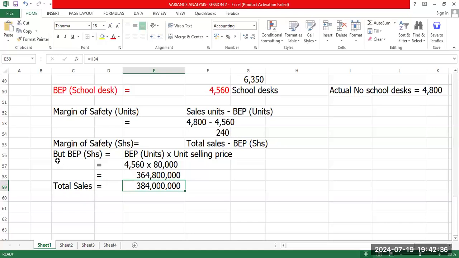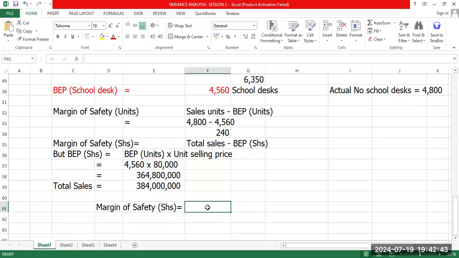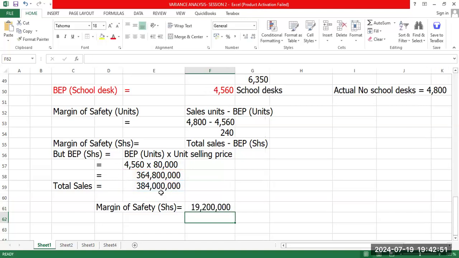So margin of safety in shillings will be equal to total sales minus break-even point in shillings.